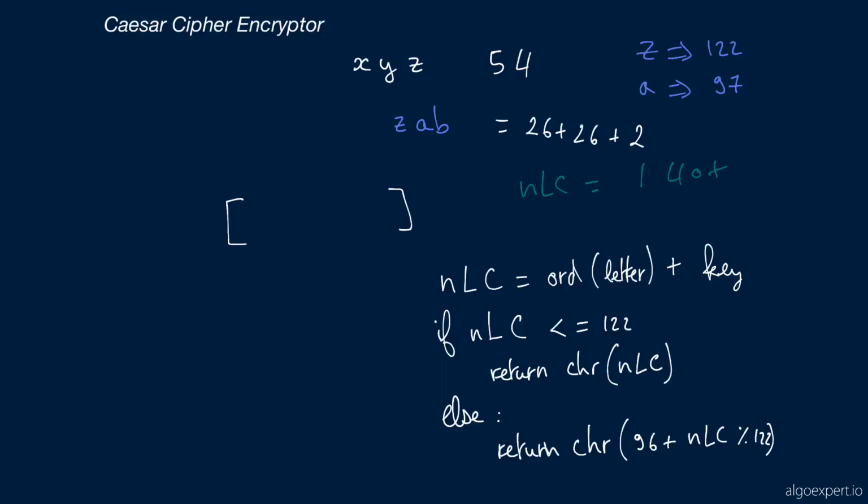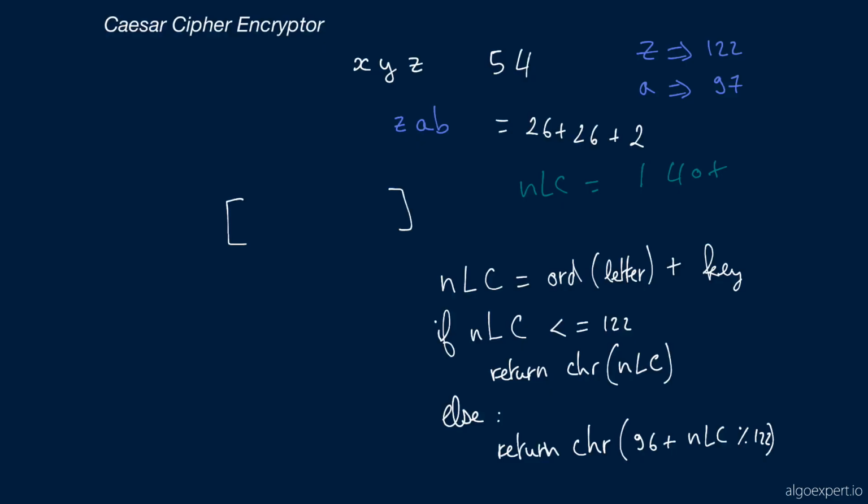I didn't really calculate it here, but it would be a bit bigger than 140 or 150. And then when you mod that by 122, and you add the value back to 96, your result is still greater than 122. So you end up still calling the chr function on something that's greater than 122, and that's not what you want, right?